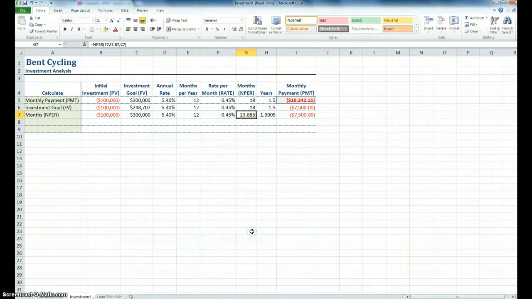Okay, now press OK. Notice how it shows that, oh my gosh, instead of 18 months, it would take just shy of 2 years for this $100,000 to build up to $300,000 at a rate of adding $7,500 each month at that monthly interest rate. It would take me almost 2 years.